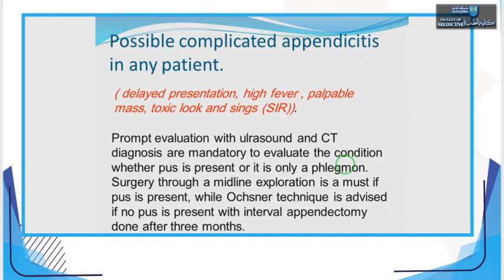Prompt evaluation with ultrasound and or CT diagnosis are mandatory to evaluate whether pus is present or it is only a phlegmon. Surgery through a midline exploration is a must if pus is present, while Ochsner technique is advised if no pus is present, with interval appendectomy done after 3 months.